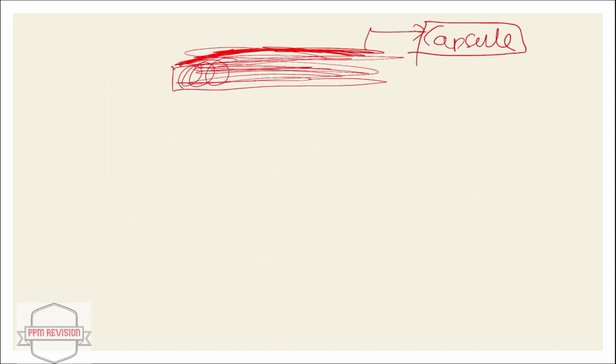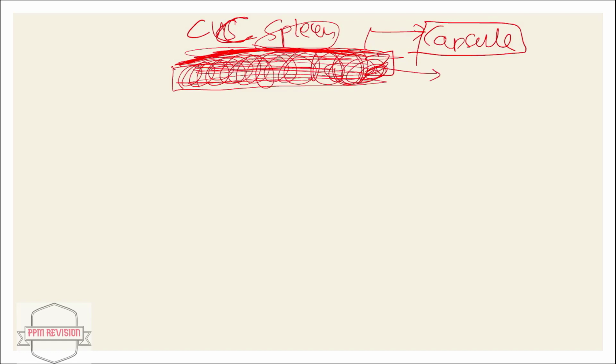Let me just draw this. Thickened capsule. Yes. Let me write the heading, CVC spleen. What is the CVC? It is nothing but the chronic venous congestion of the spleen. So this is nothing but the capsule.